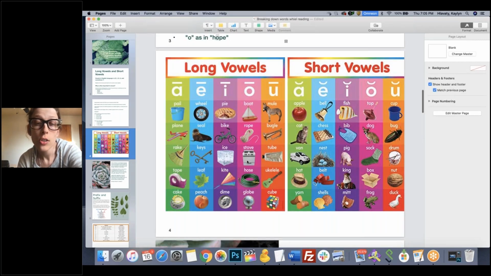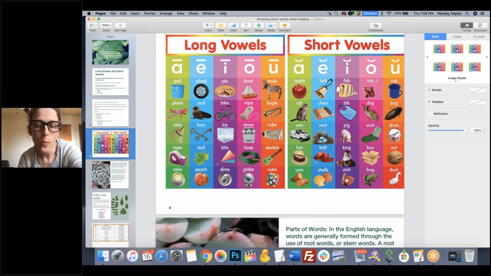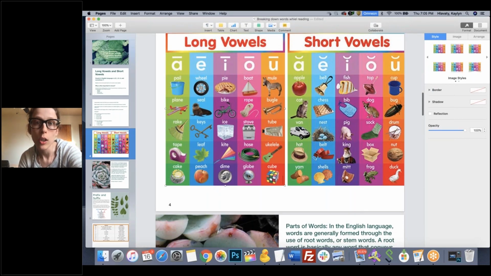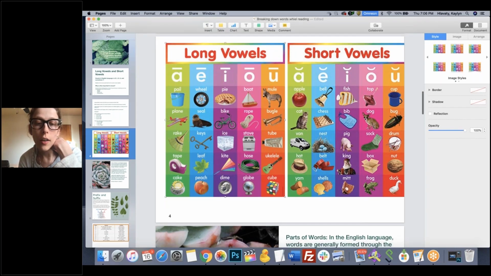Rope, stove, hose, and globe. For U, the pronunciation is mule, tube. This is going to be a tricky one if you're reading out loud: ukulele, and then cube. You're going to notice the difference when we go over the short vowels, which sound a little bit different.